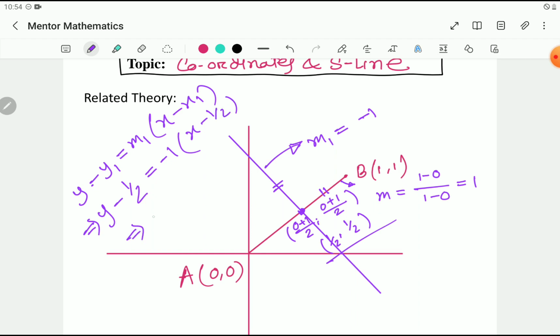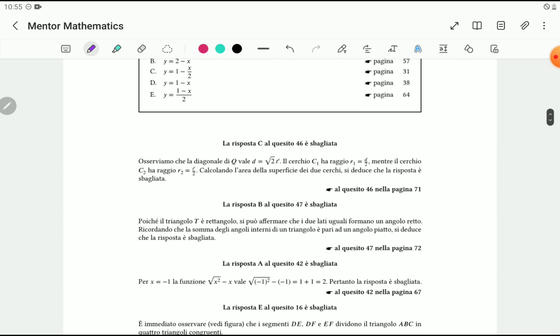Let's do the calculation. y minus half equal to minus x plus half. We can write y plus x equal to 1. So it becomes x plus y equal to 1. This is our answer. Let's see it.